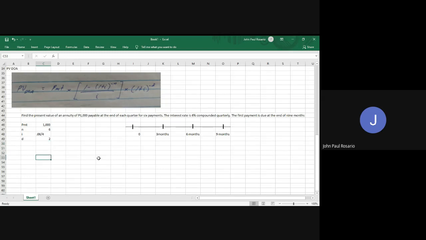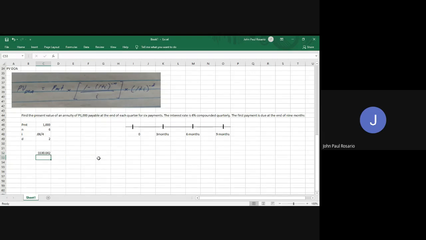Okay, so with that our present value would be payment is 1,000 times 1 minus 1 plus 0.06 over 4 raised to the power of negative 6, and then over 0.06 over 4, and then times 1 plus 0.06 over 4 raised to the power of negative 2.